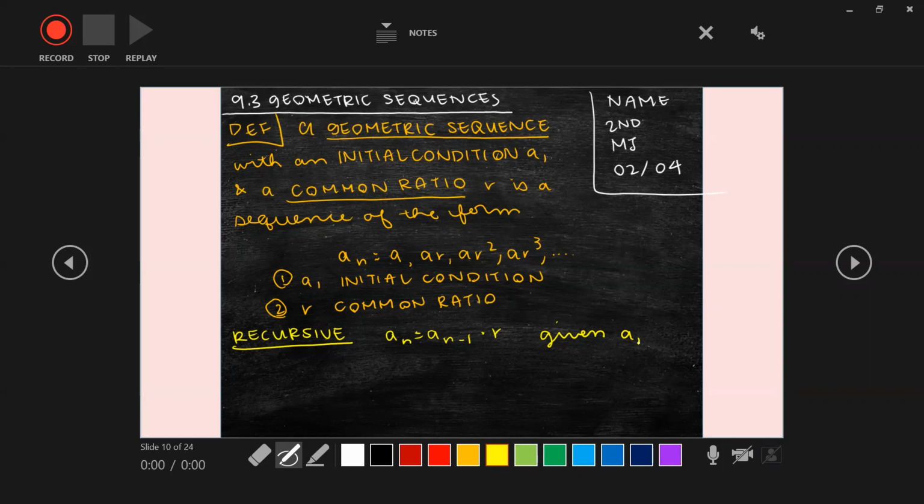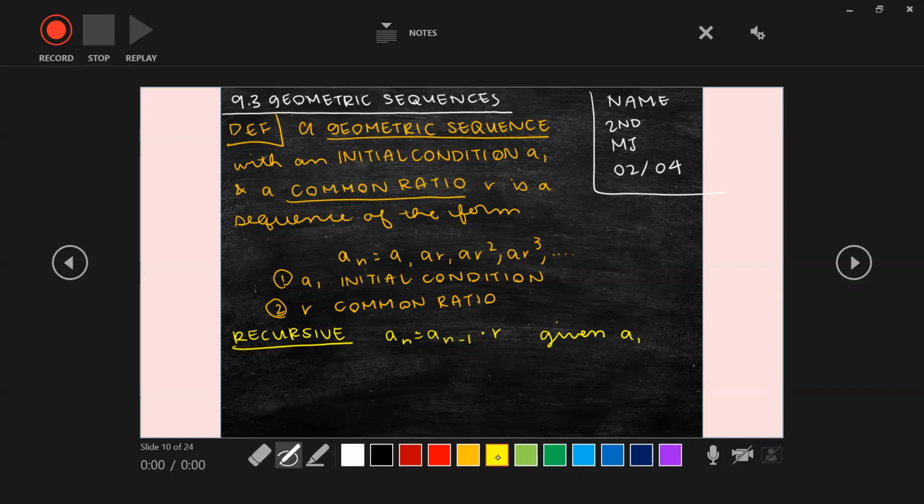What's one of those ways, Emma Price? Looking at this formula, there are two things that are indicating that this is recursive. What are they? Yeah, a sub n minus 1. Very good.